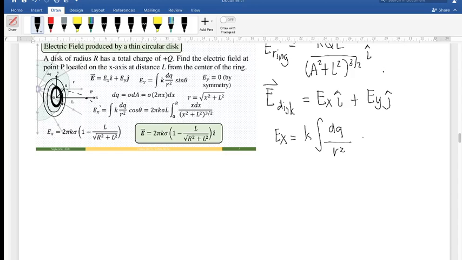Okay, because we know the contribution of our ring is purely an x component, or purely horizontal. Okay? So here we just have to get the expression for the electric field produced by a disc. So a disc is composed of many rings.